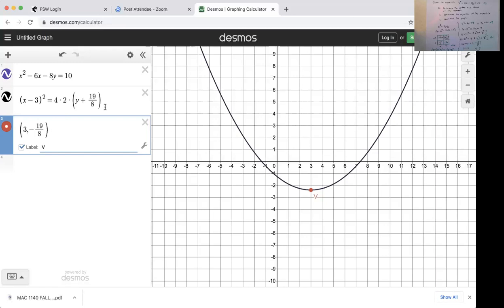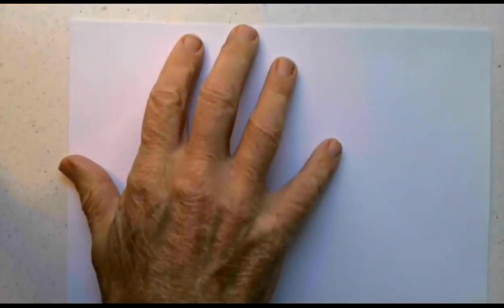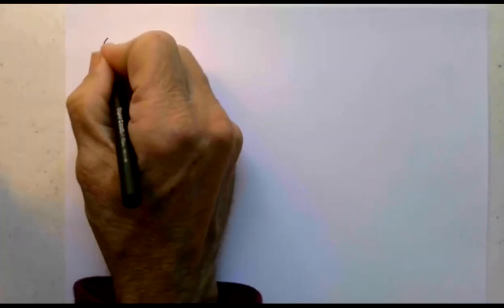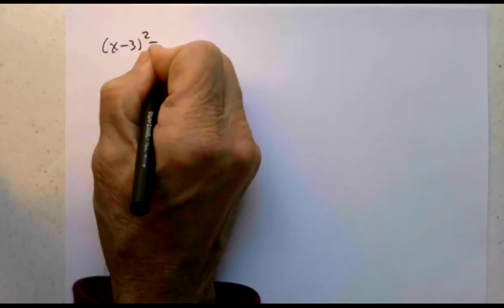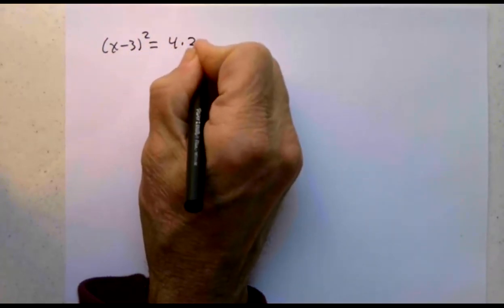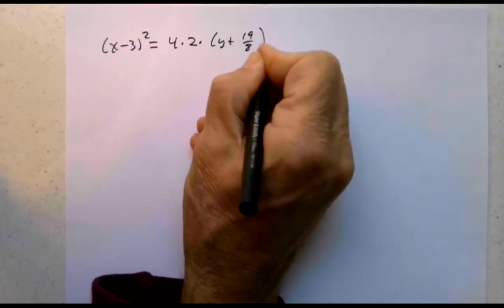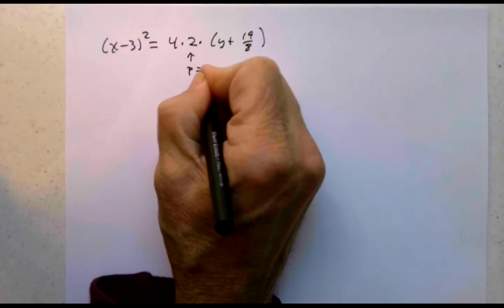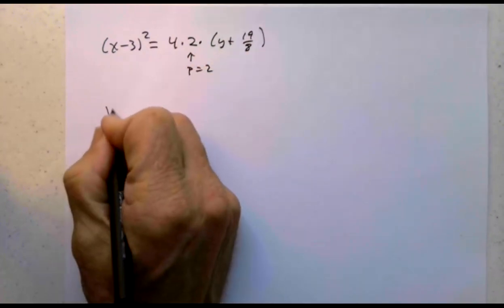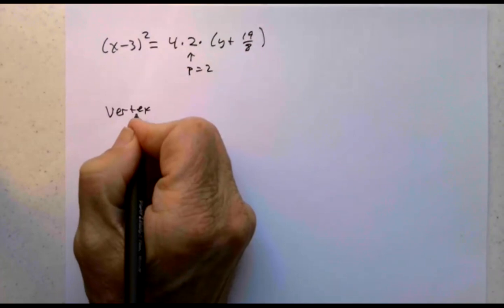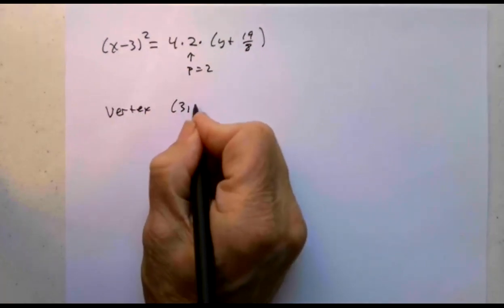So again, here's where we are: (x minus 3) squared equals 4 times 2. P is 2. Vertex is (3, negative 19/8).